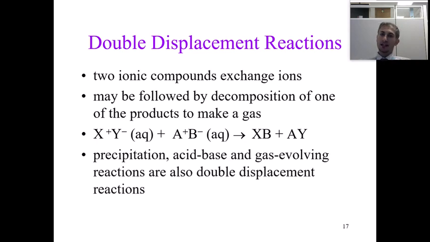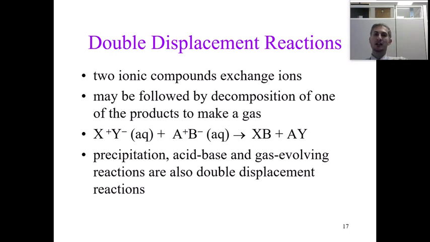Whenever we categorize types of double displacement reaction, we may have some subgroups, some reactions that we call by a specific term, like precipitation, acid-base, and gas-evolving reactions. We may talk about this in our class.